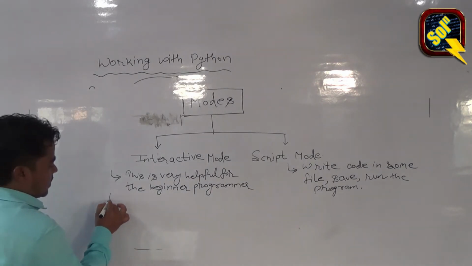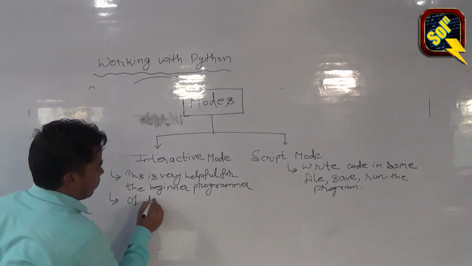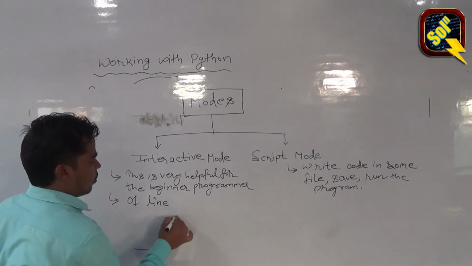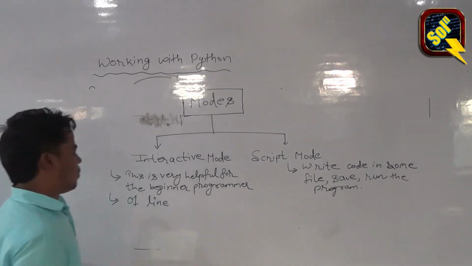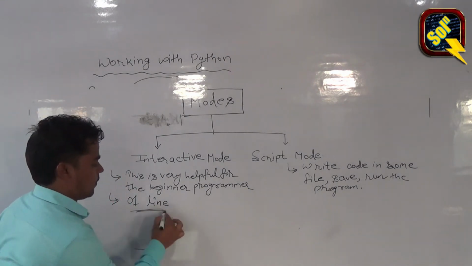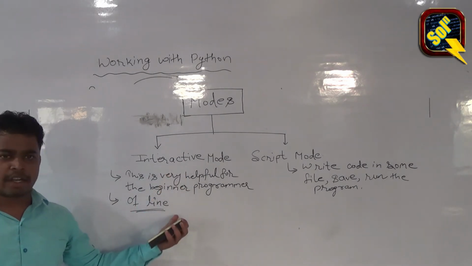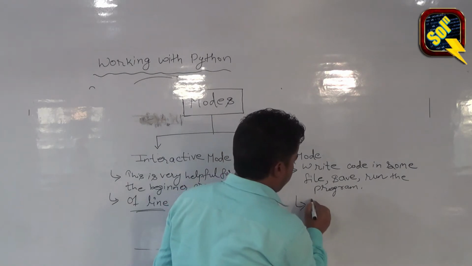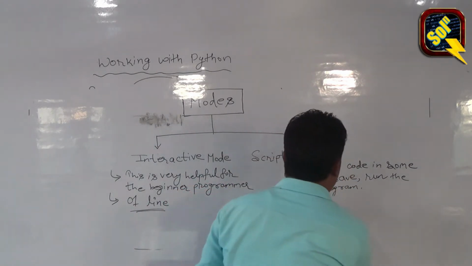So another difference is, in interactive mode you can write the code only in one line. Okay, you cannot write the code here in interactive mode in two lines or more lines. So you need to write the code only in one line. That is one kind of a drawback of this interactive mode. Whereas in script mode you can write the code in multiple lines.